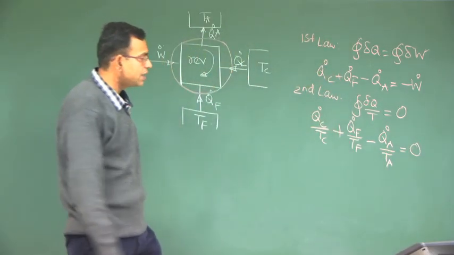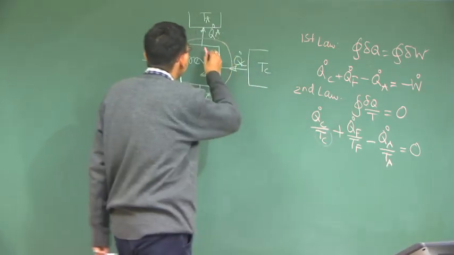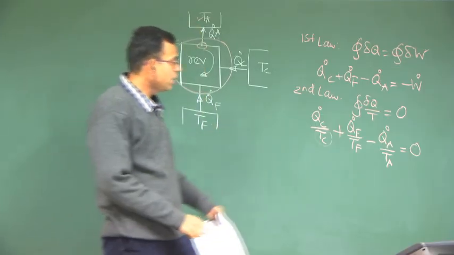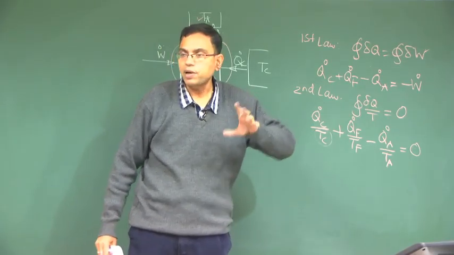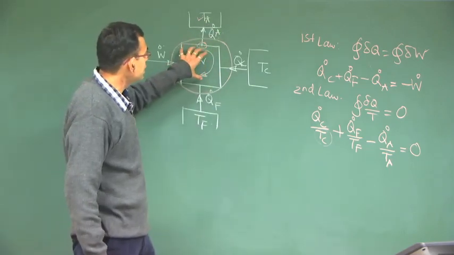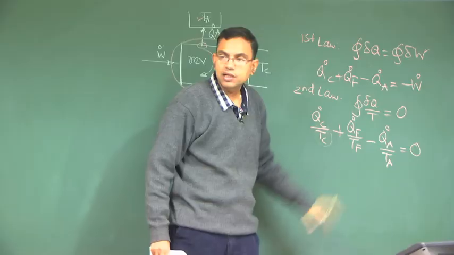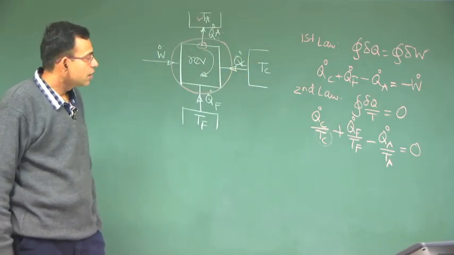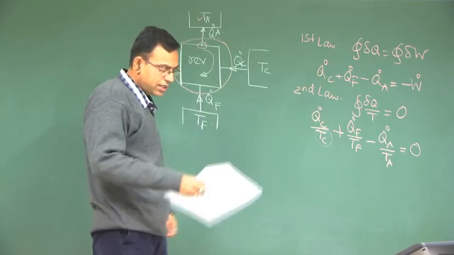Look carefully that we have taken the temperatures not of the system boundaries here, but of the reservoirs. In this way we have accounted for both the internal and external parts of the process, and ensured that it is both internally and externally reversible. Now, what is given in the problem?